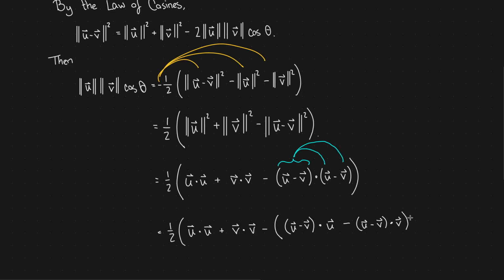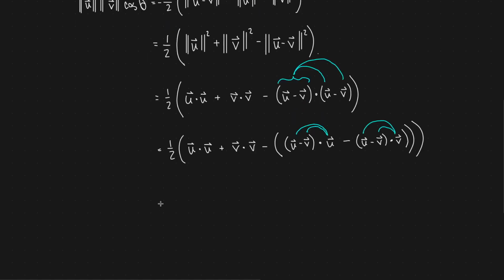So I've left distributed in the vector. And I think I need one more parenthesis there. And now I'm going to do the same thing, but I'm going to right distribute. So let's right distribute vector u in and right distribute vector v in. So I still have u dot u here. I have v dot v.